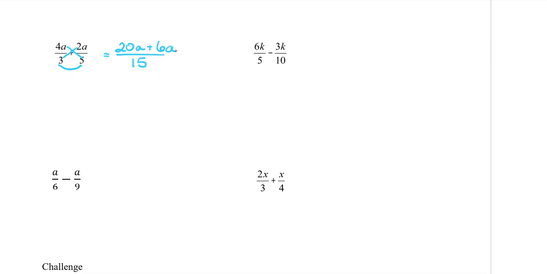Adding together, 20a plus 6a makes 26a over 15. Okay, this next one is the one that I probably should use a different method, but I can still use my method as long as I remember to simplify my answer, and I'll show you what I mean. So if I stick to my method, I do 5 times 10, which is 50, but what I have actually done is made my denominator too big, but that's okay, I'll fix it up at the end.